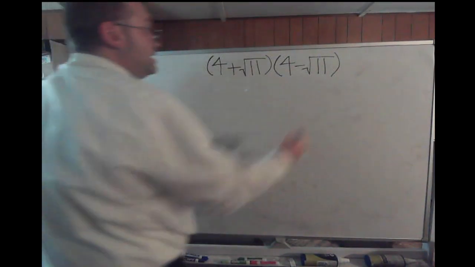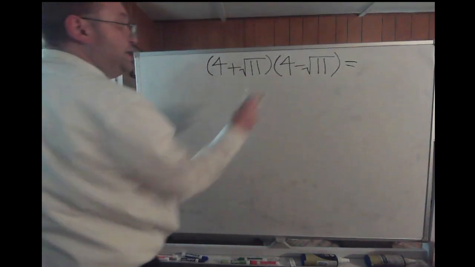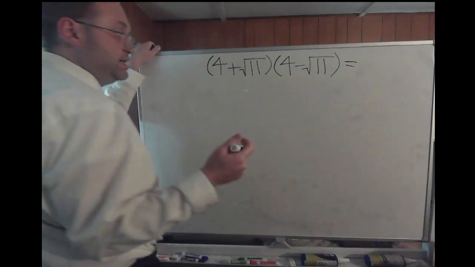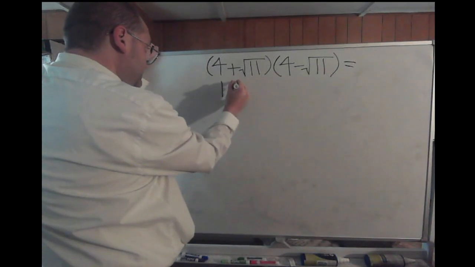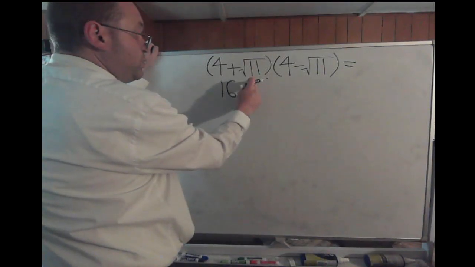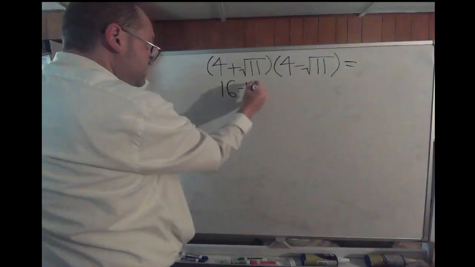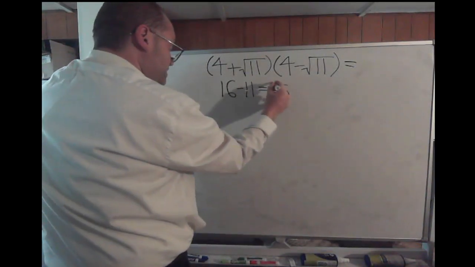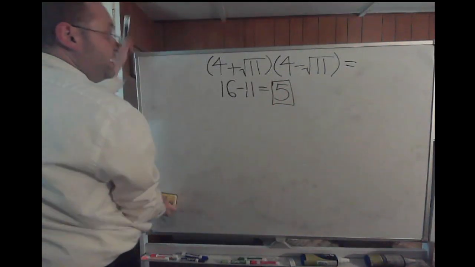Again, we have the same numbers, one's plus, one's minus, so you treat it like a difference of 2 squares. 4 times 4 is 16, and positive square root of 11 times negative square root of 11 gives you negative 11. So you have 16 minus 11, and the answer is 5.